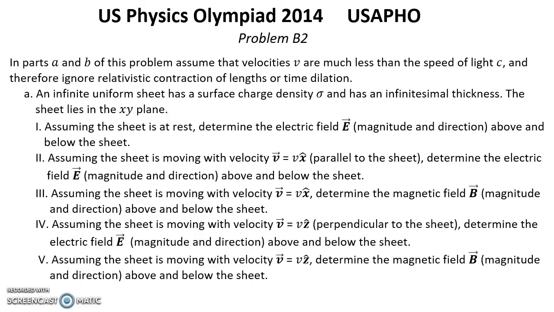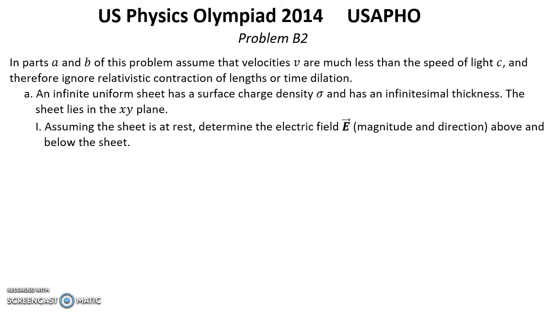Solutions. Question 1. Assuming the sheet is at rest, determine the electric field E above and below the sheet. Solution. Due to symmetry, this electric field must go out of the sheet from both sides, and using a Gauss cylinder, we can make the equation.